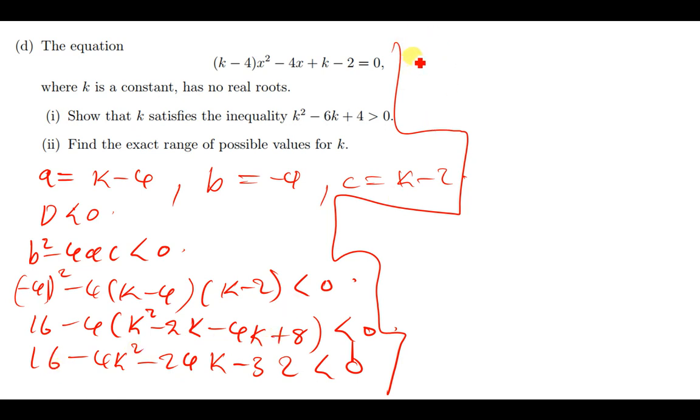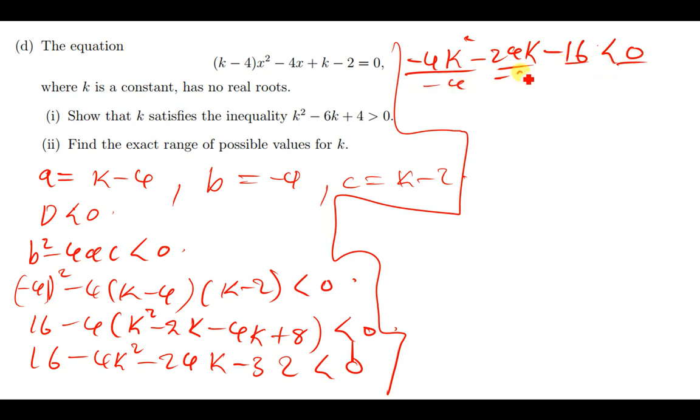So we have negative 4k squared, then negative 24k, and when you add 16 and negative 32, you're getting negative 16 is less than 0. To simplify this, we're going to divide by negative 4.